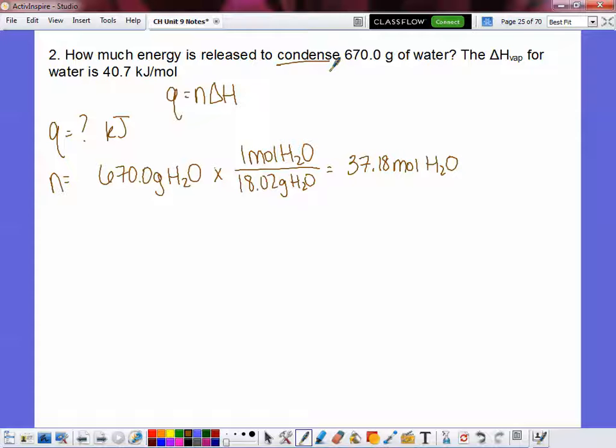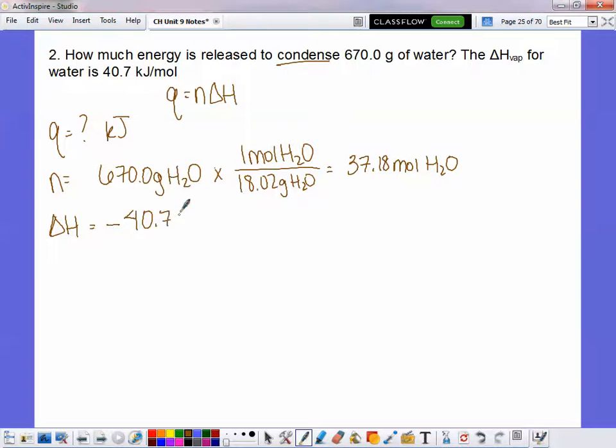I gave you delta H vap, so the delta H that we're going to use will be negative 40.7 kilojoules per mole. So this is vap, and it's negative because it's condensing, because energy is being released. Okay?